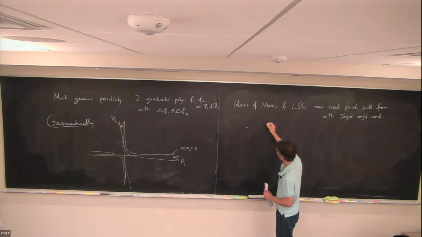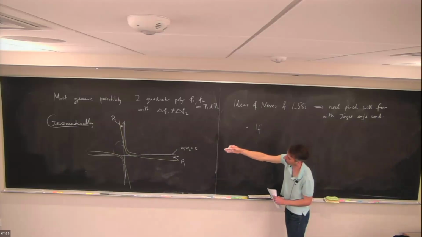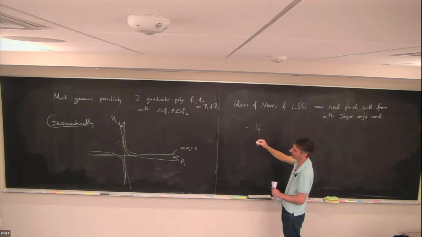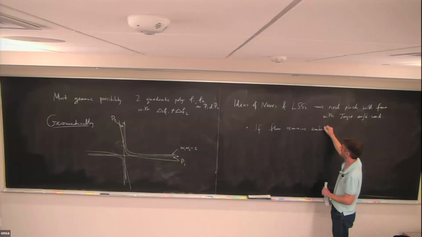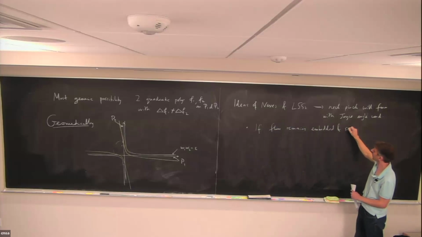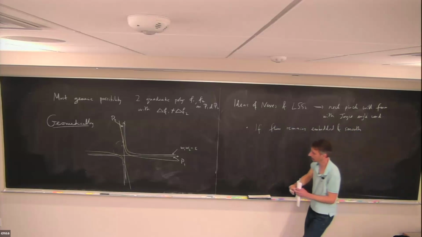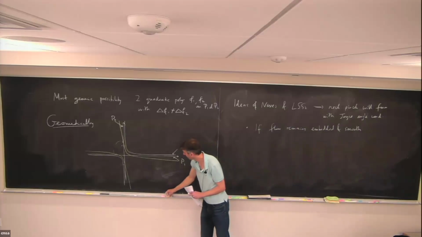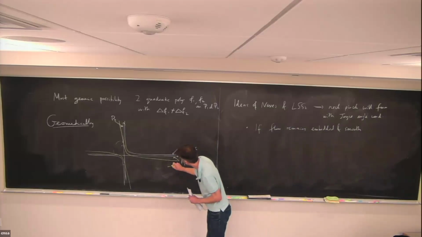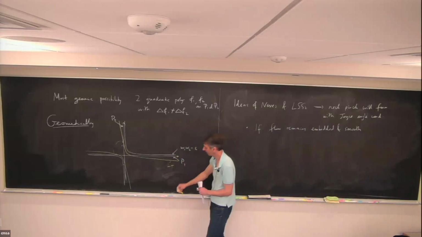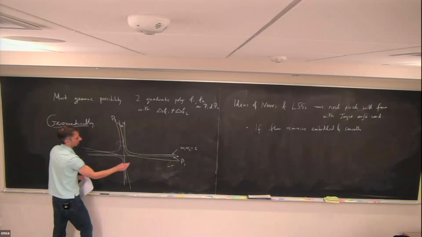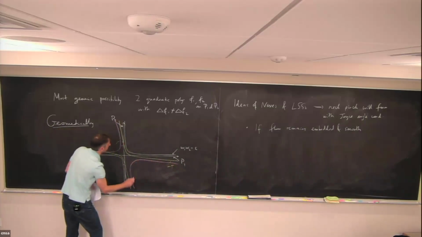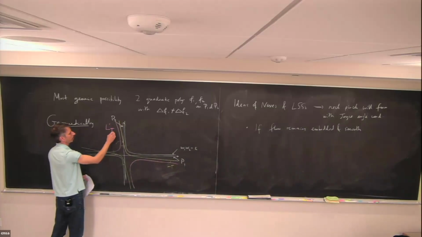Neves's idea was that if the flow starts with this and has no singularity and remains embedded and smooth, then what would have to happen is that at a later time, so maybe this is what I call LT prime, a perturbation of LT, your flow has to look like this.